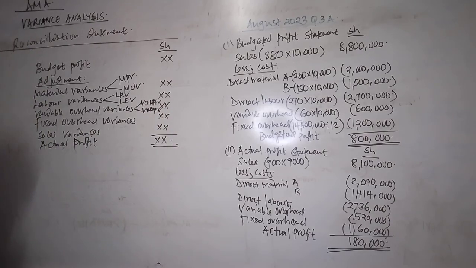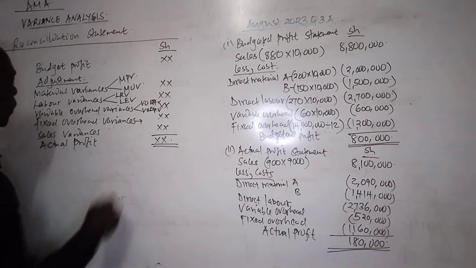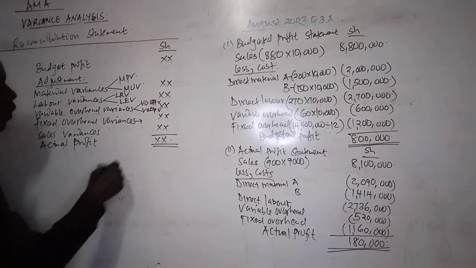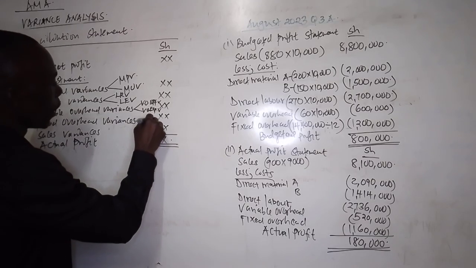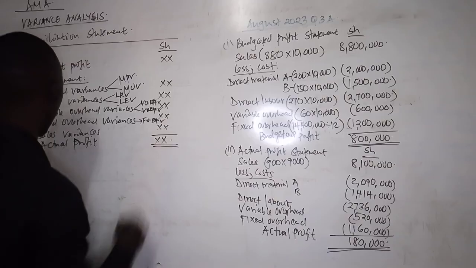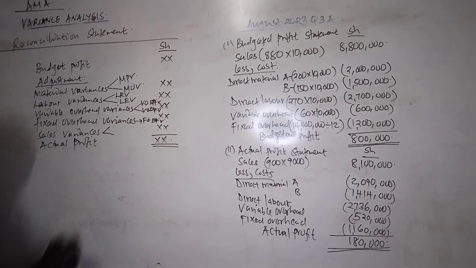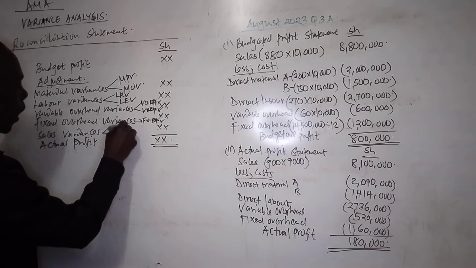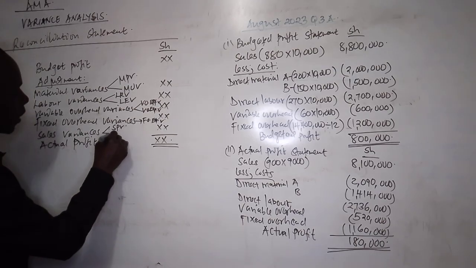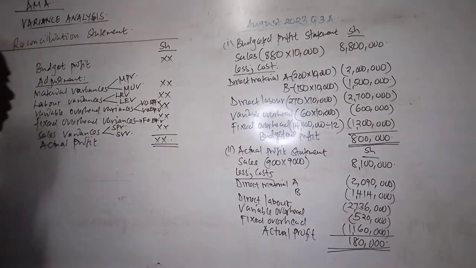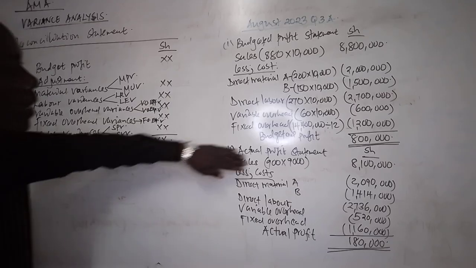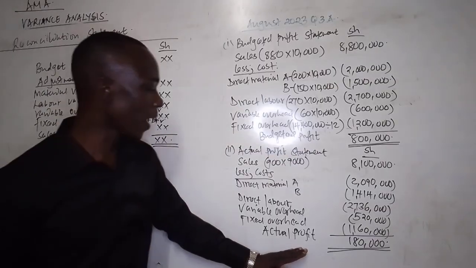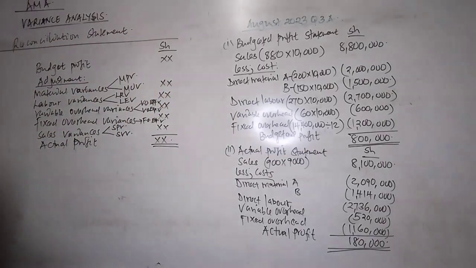For the fixed overhead, we will talk about the fixed overhead expenditure variance. For the sales, the ones to help us reconcile will be the selling price variance and the sales volume variance. Those are the variances which, under these categories, are going to help us to reconcile the budgeted profit so as we can arrive at the actual profit.